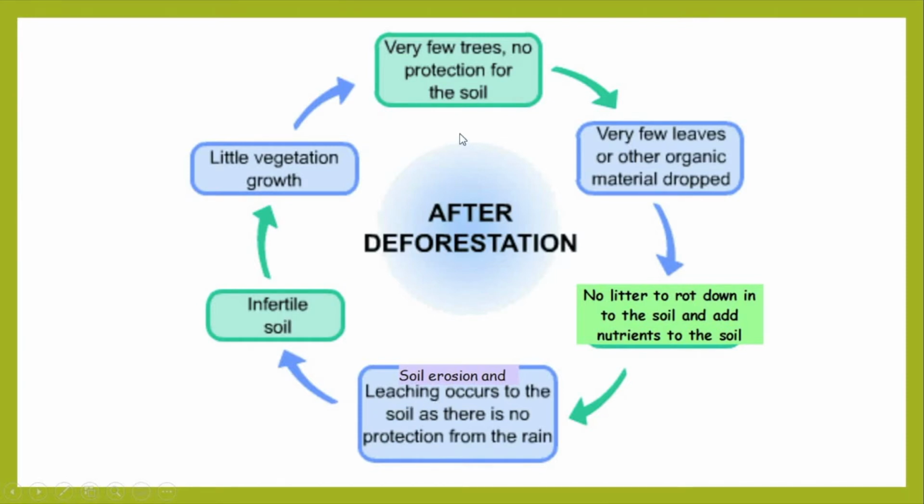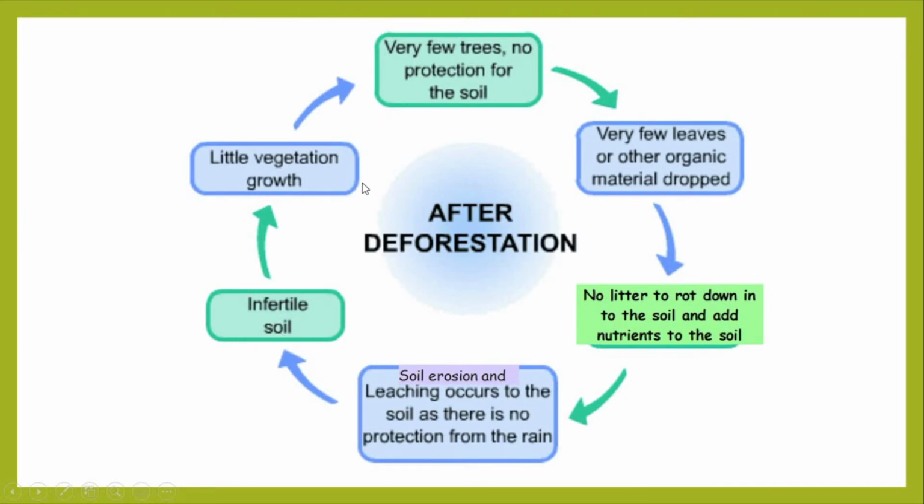Number two, without the trees to protect it, soil erosion rates are massive. It gets washed away, blown away, any nutrients get washed out by the heavy rain. And that means that if there's hardly any soil left behind at all, and what little is left behind is infertile, then there's going to be hardly any regrowth. So there's no vegetation, and so on. It's a negative feedback loop.